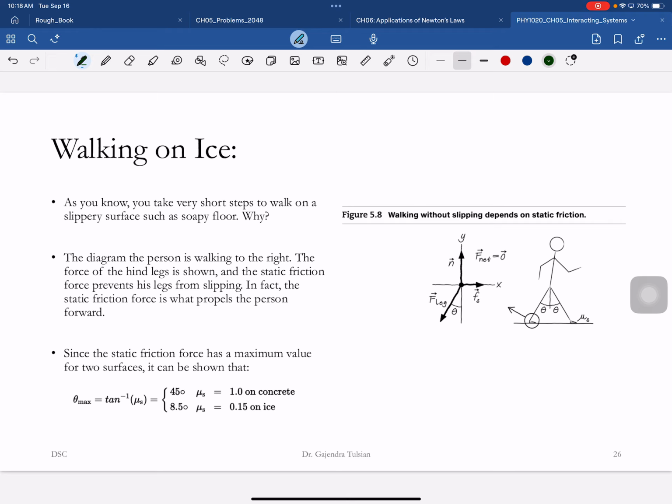I can do this here on this carpeted floor. Could I do this on an icy floor or a smooth floor? Why not? I don't know if you've experienced this, but when you're walking on ice, you slip. You take small steps.